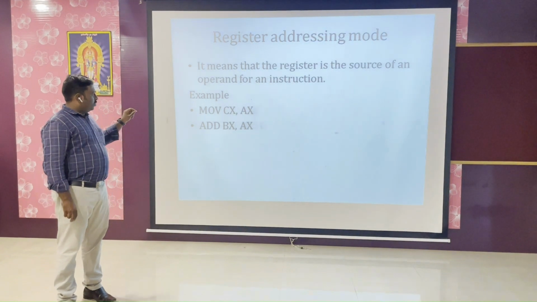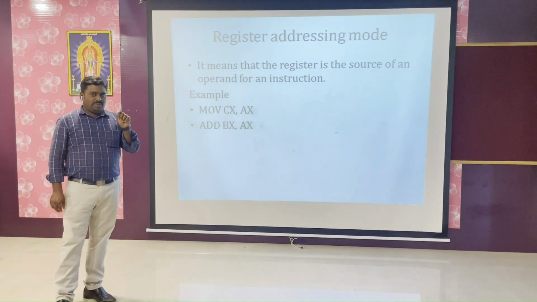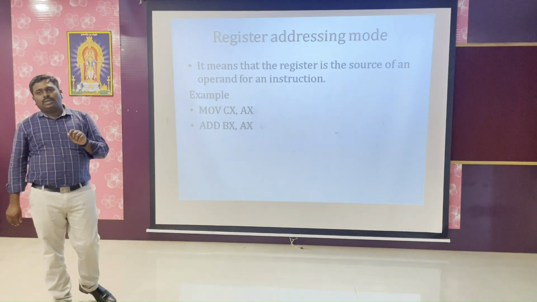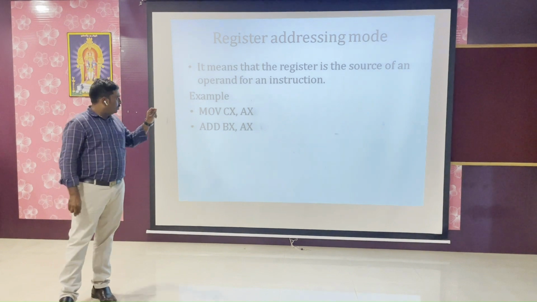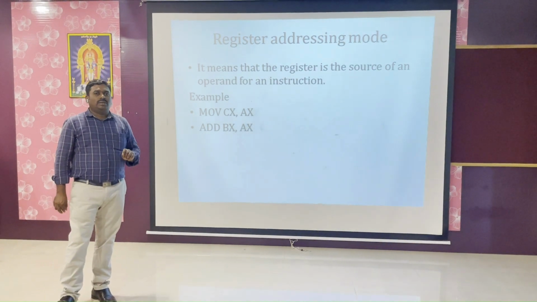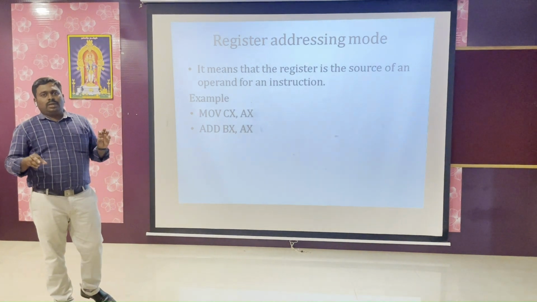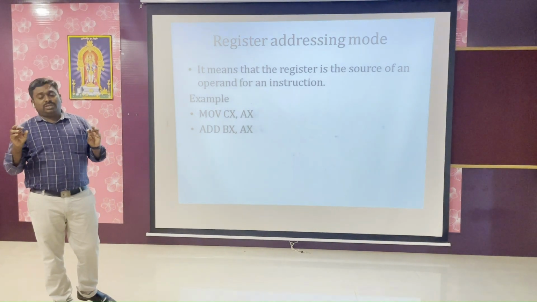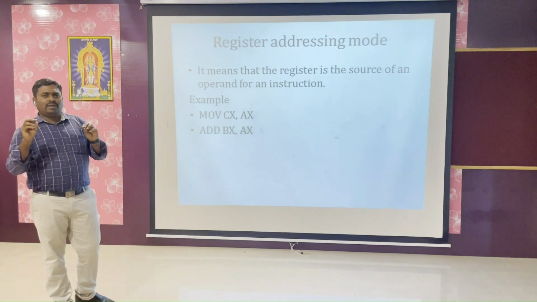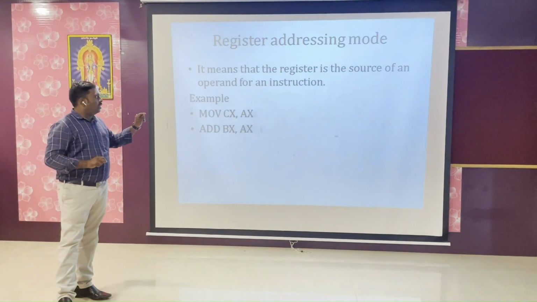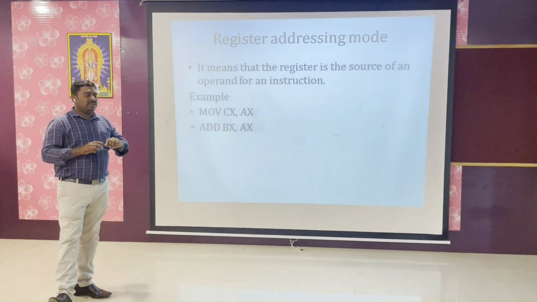So, MOV CX, AX means the data available in AL and AH is moved to CL and CH. It is copied from one register to another register. Here both operands mentioned in the instruction are registers. This type of addressing mode is said to be a register addressing mode.